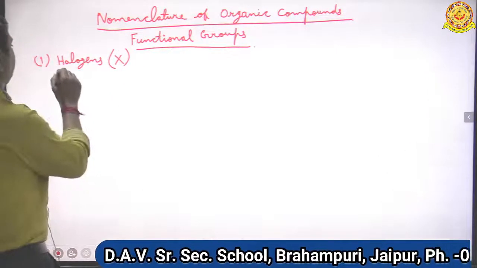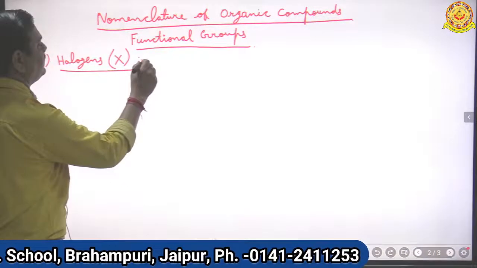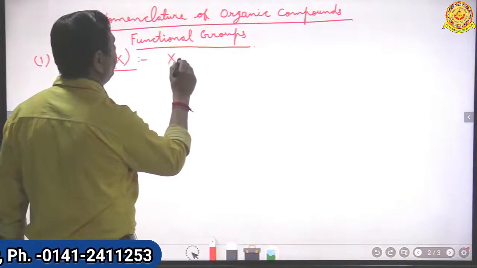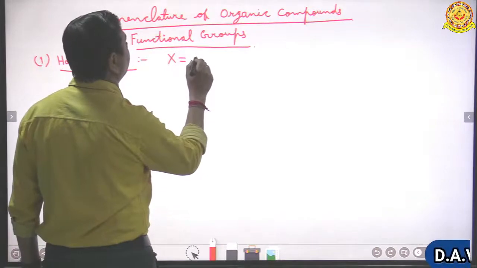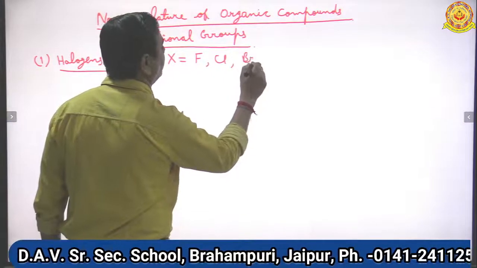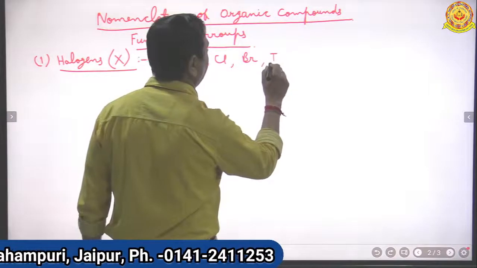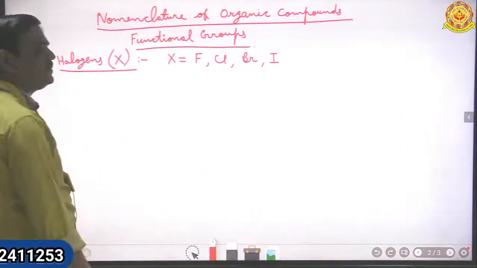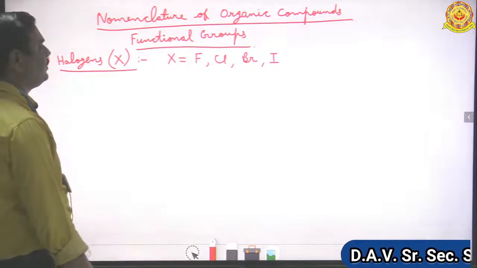Halogens may be denoted by X, where X may be fluorine or chlorine or bromine or iodine, any halogen, 17 group elements.